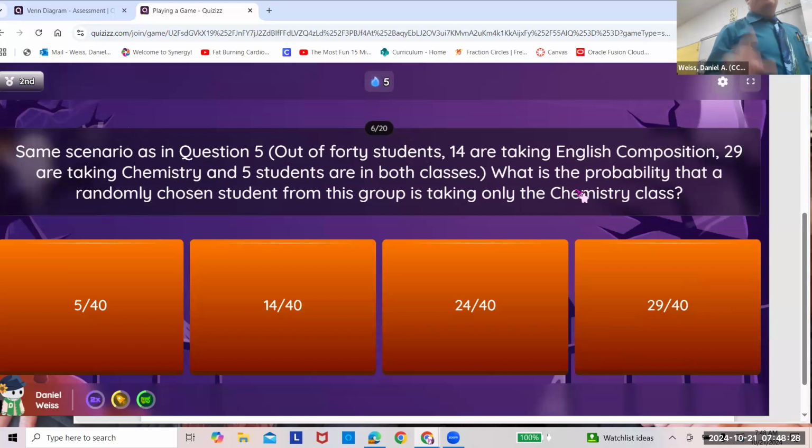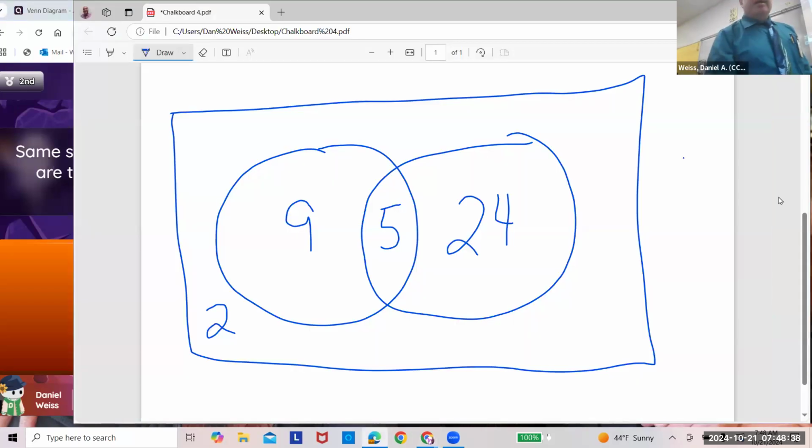What is the probability? Probability means it's going to be a fraction. What is the probability that a randomly chosen student is taking only chemistry? Only chemistry, right? So if you're taking only chemistry, you're just this 9 because you're not also taking, what was the other one? I already forgot.